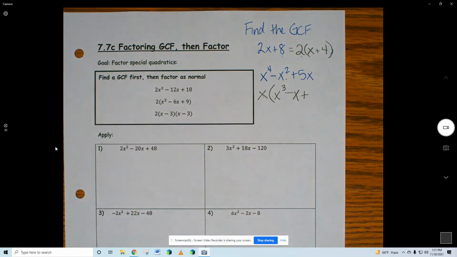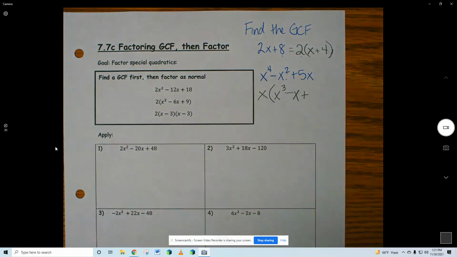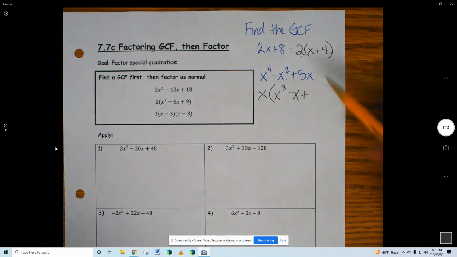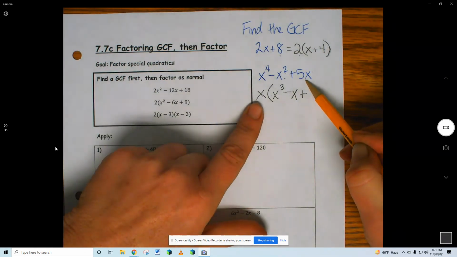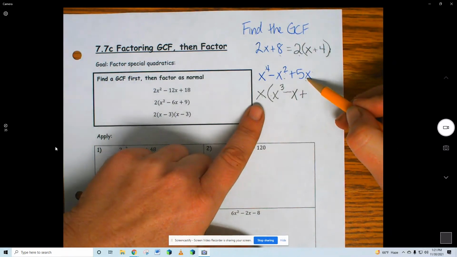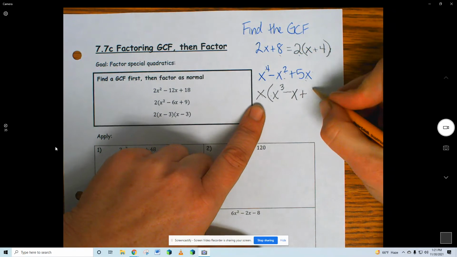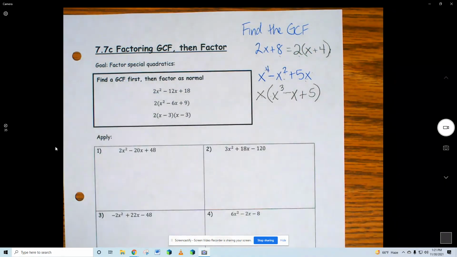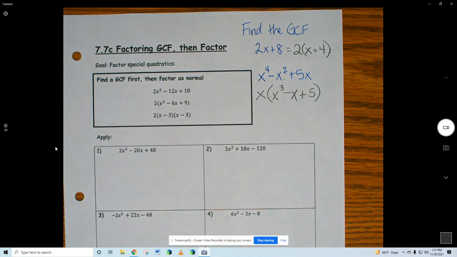A plus sign is a plus sign. Okay. What is x divided out of 5x? Just a 5. And then you stop and you're done. Okay? That's it. So today, I'm going to GCF out a number, and then I actually have to factor as normal. Like I have to go and do 2 steps.